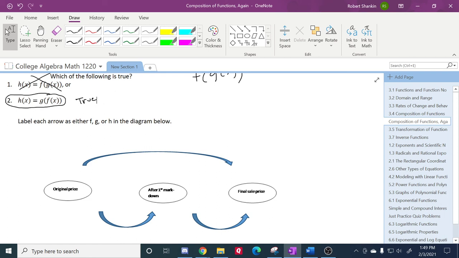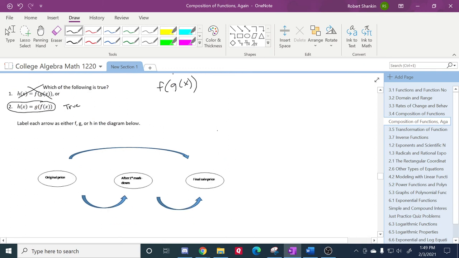Okay, group 4. What do you have here? We aren't entirely sure.